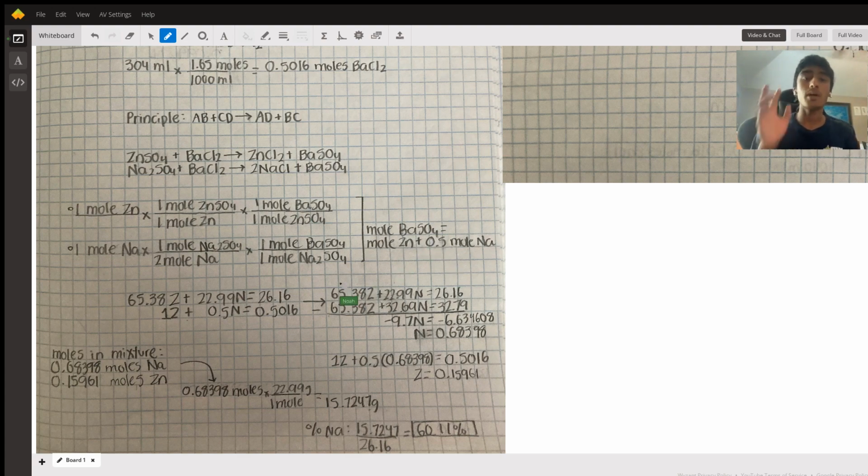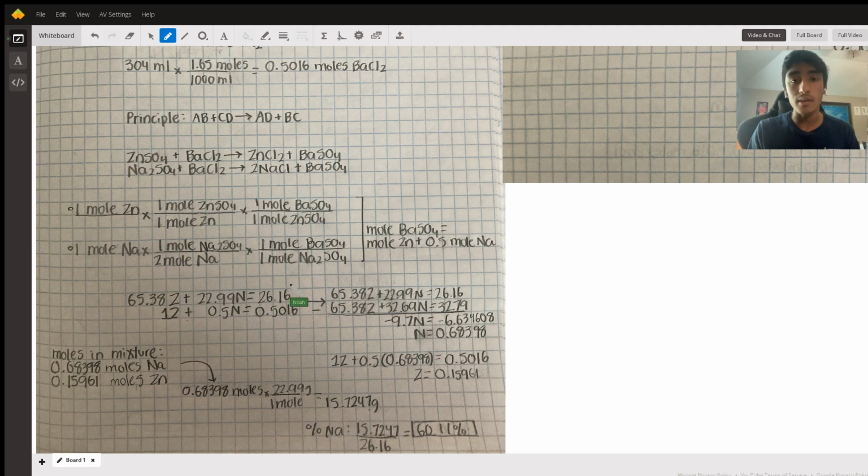And now we will set up two systems of equations. In this first one here, I relate the atomic masses of zinc and, I'm sorry, not sulfate, zinc and sodium with the mass of the original mixture, 26.16. So we have 65.38 times the moles of zinc, and then 22.99 grams times the moles of sodium. You can find these in the periodic table.